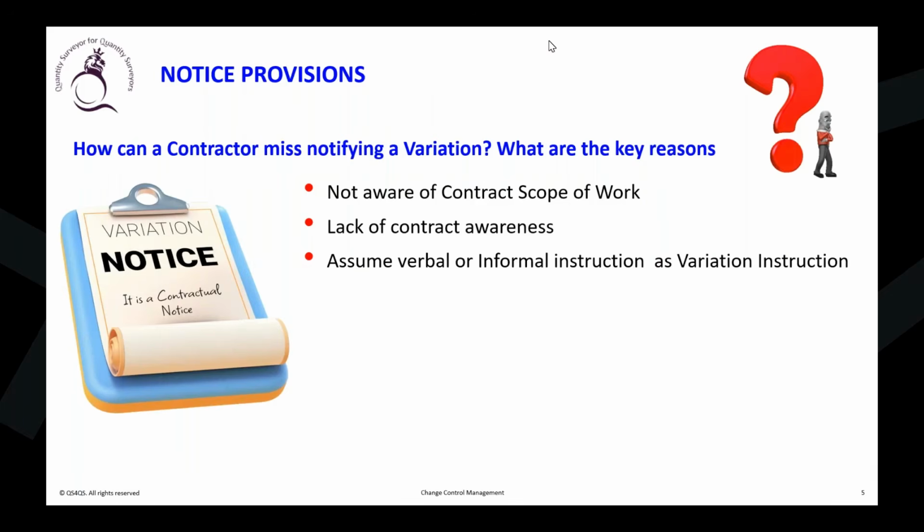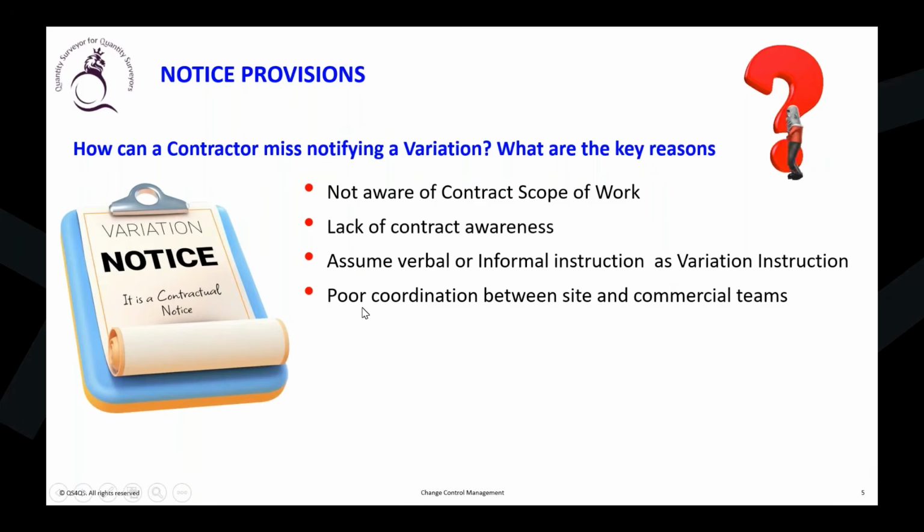So in terms of the FIDIC Red Book, let's say somebody, the employer, instructs the contractor to do the work. If you don't know how to convert that instruction into a proper engineer instruction, you are failing with the notice provision. Then another problem is the poor coordination between the site team, or you can say the engineering team, and the contract team or commercial team.